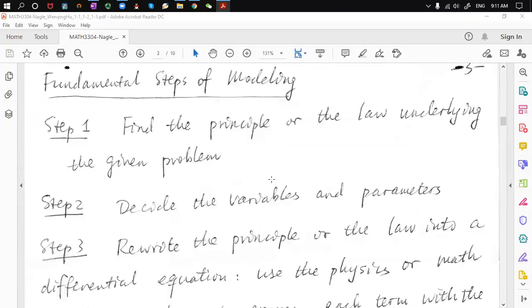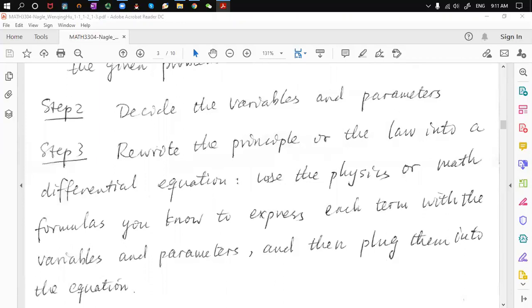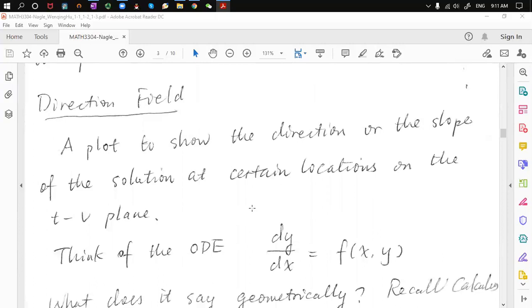So you determine the variables and parameters, and then you write the law as a relation between the derivatives. That's what we call a differential equation. That's a brief review of what we did in Monday's lecture.